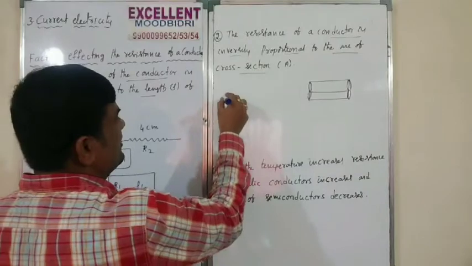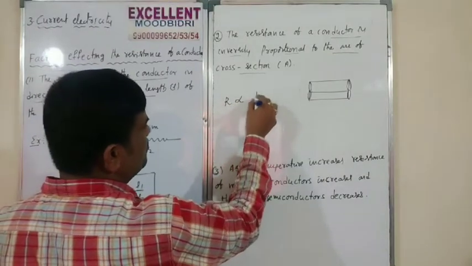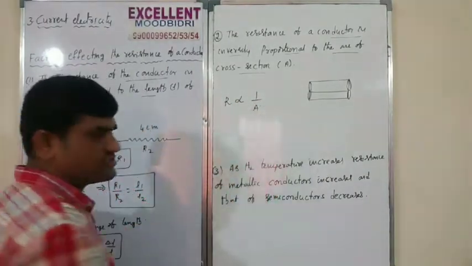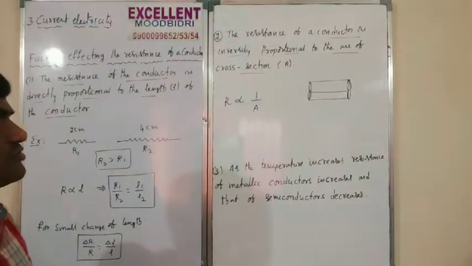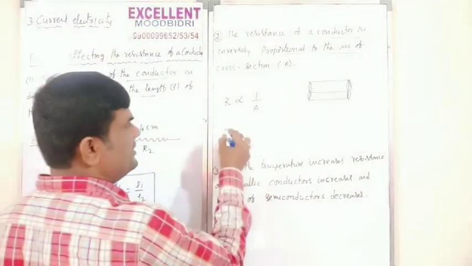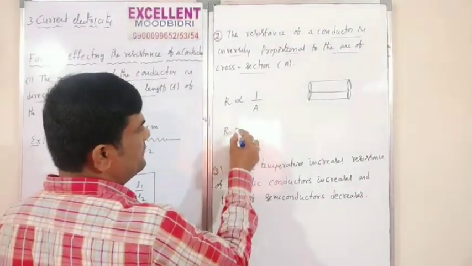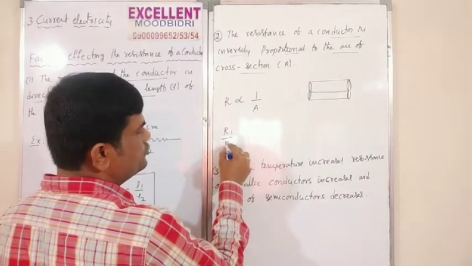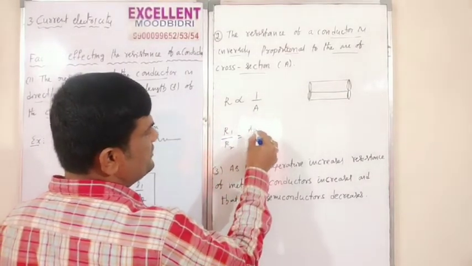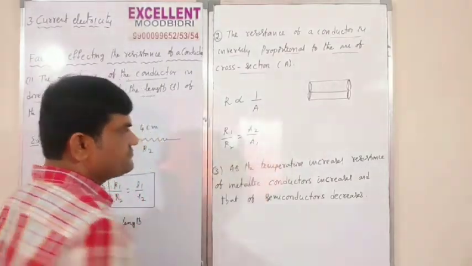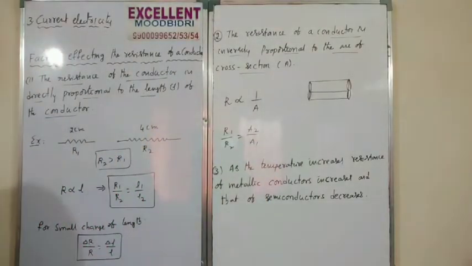What is that? R is inversely proportional to the area of cross section. Okay. So R1 by R2 is equal to A2 by A1. Okay.